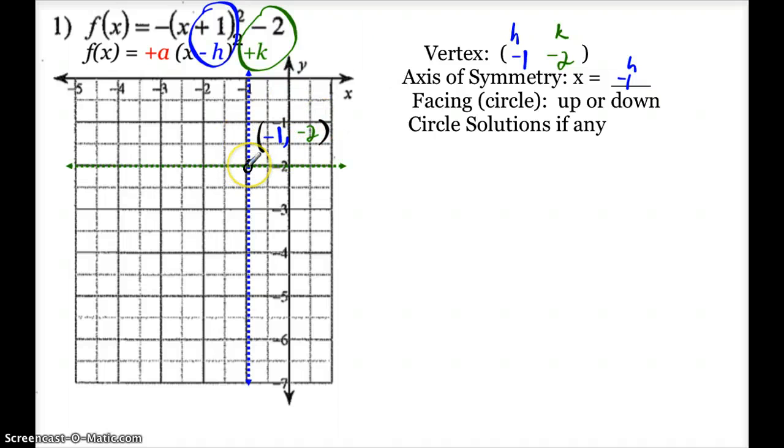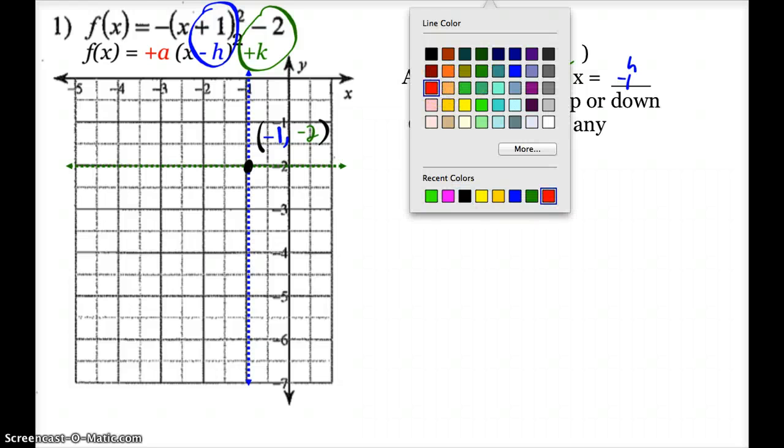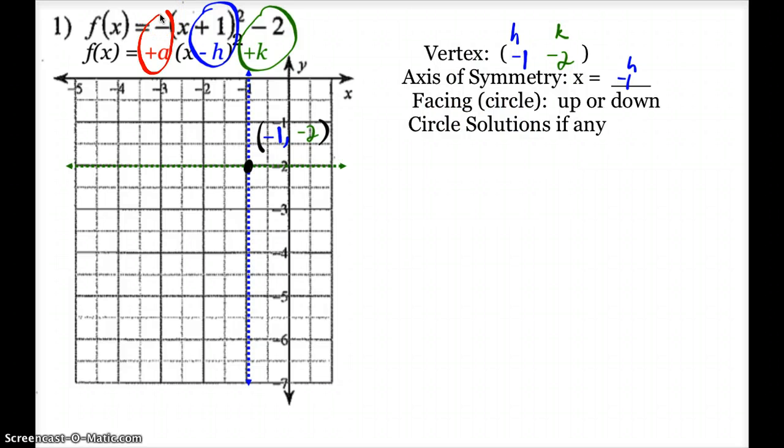Here is my vertex, and I know, according to this -1 in front, that -a is facing down. Okay, so let's go ahead and graph this. I can just estimate it's going to be a parabola. It's going to look something like that.